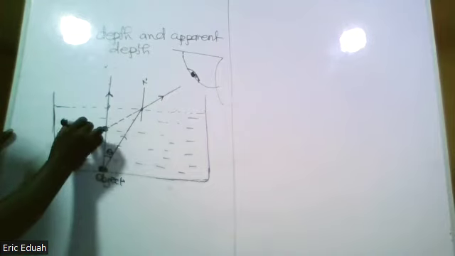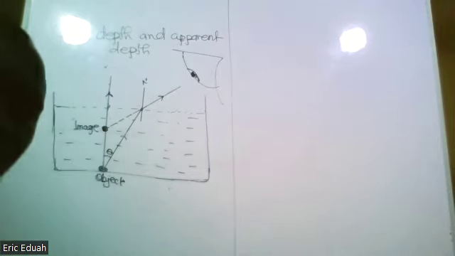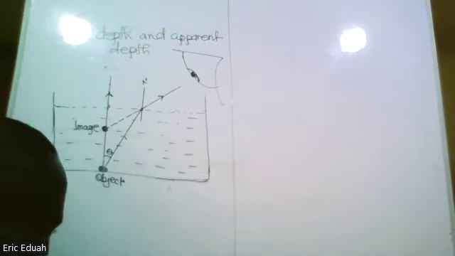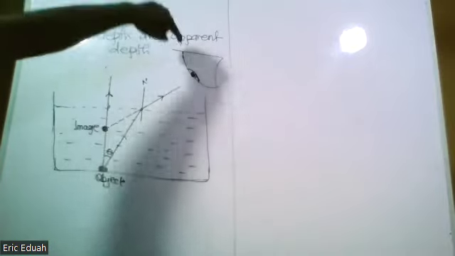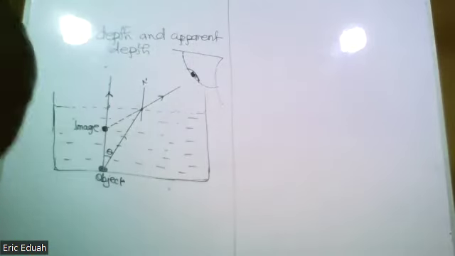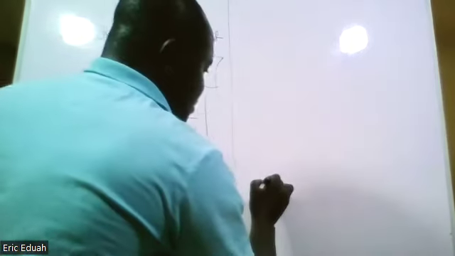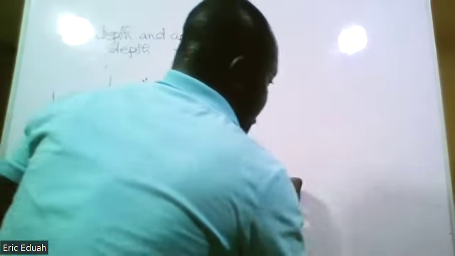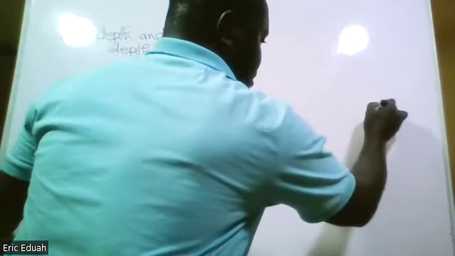So this is exactly what happens whenever an object is in water and somebody is looking at it from outside the water medium. We can also do the same thing using a different approach.